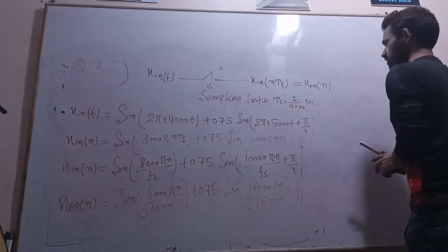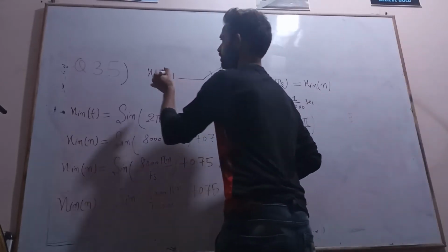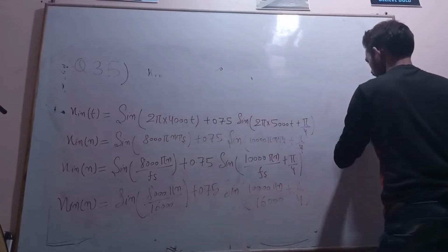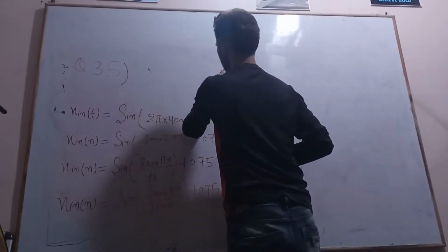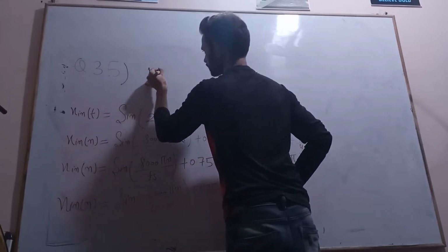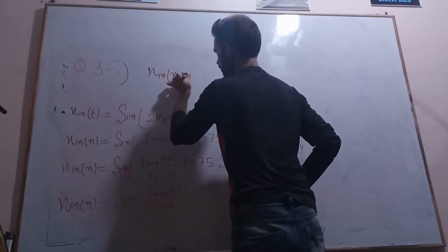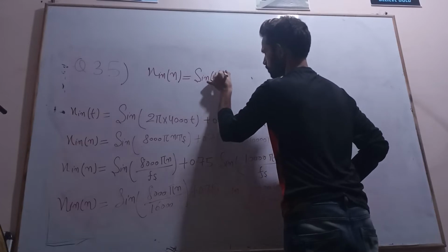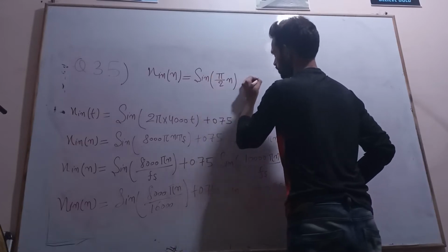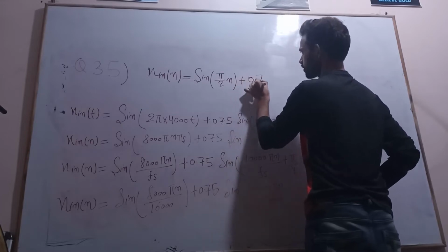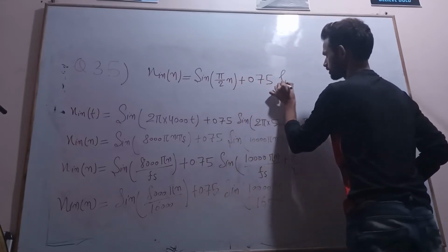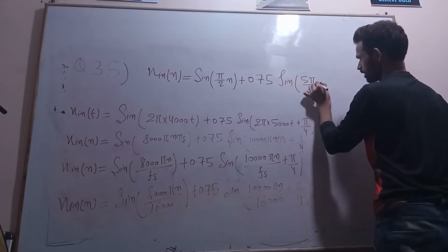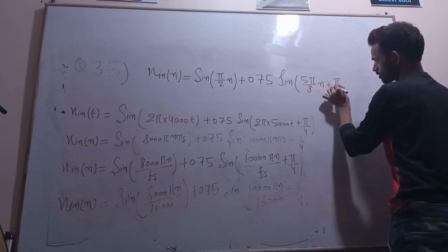Now just dividing this, we will get x in of n as sine pi by 2 n plus 0.75 sine 5 pi by 8 n plus pi by 4.